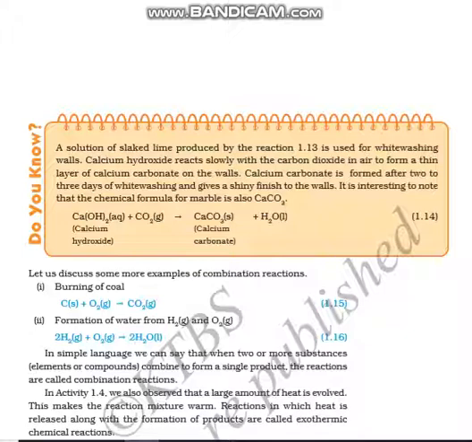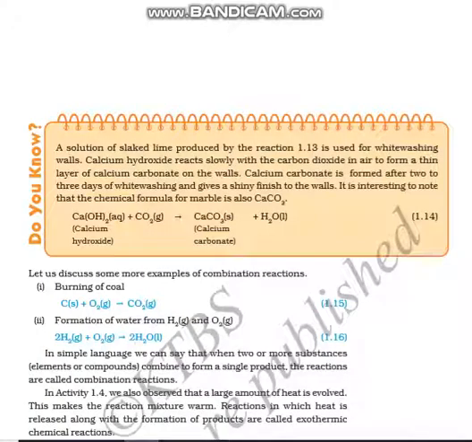Similarly, many more examples we can give. Burning of coal. Coal is nothing but carbon. It is just carbon, nothing else. When we add oxygen to it, that means when we burn it in presence of oxygen, it gives rise to carbon dioxide, which is a gas.